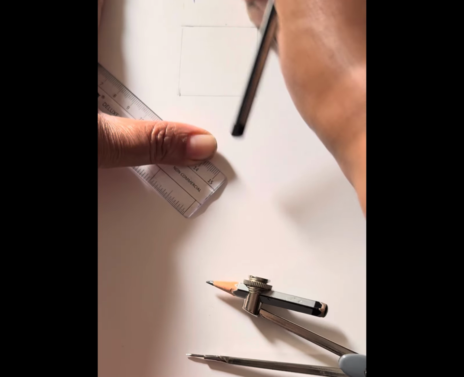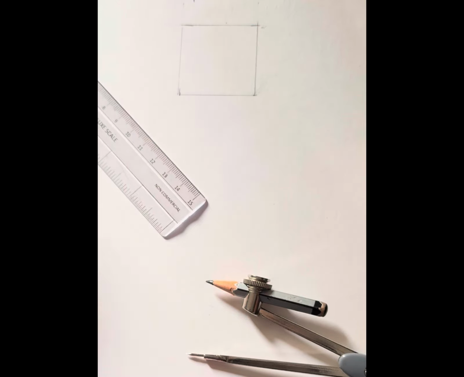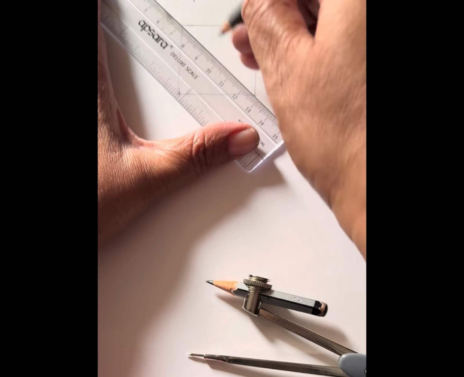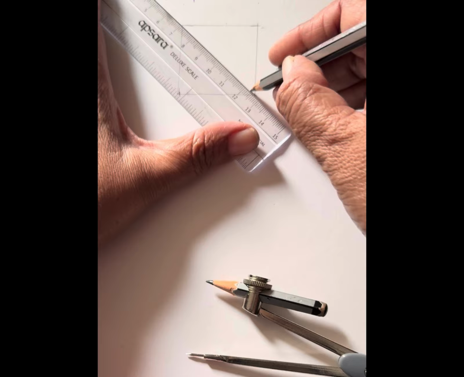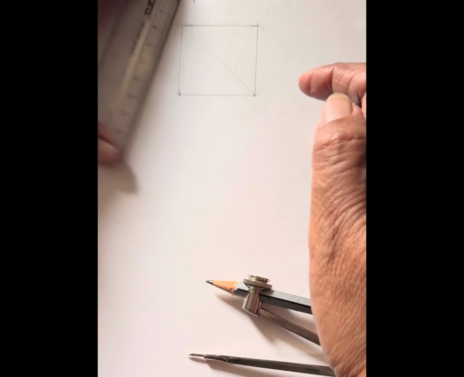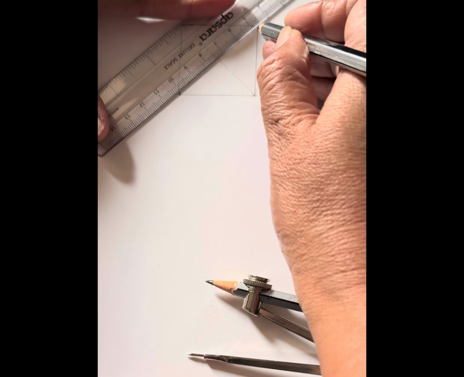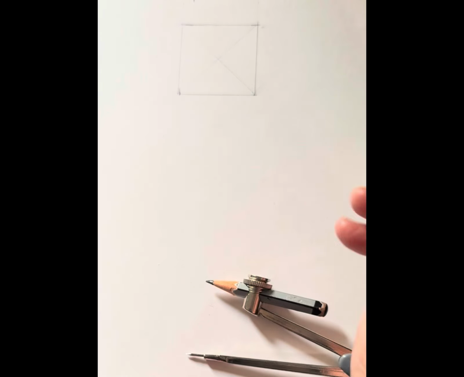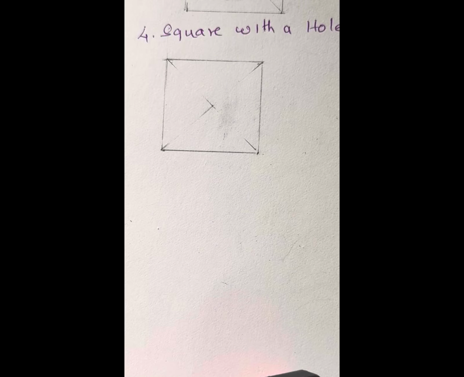Now what is given, we want to draw a hole in this, but we need first the center. So to get the center, we join the diagonals. Now join it very lightly with a very light pencil, because we don't need the diagonals, we just need the center point, right?